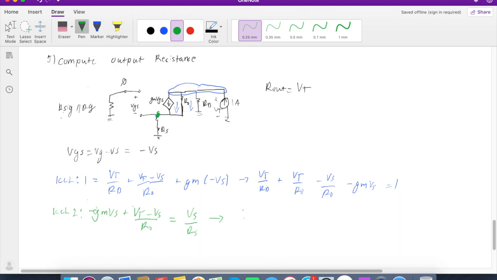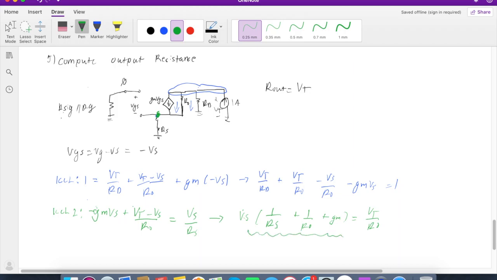Once we move everything to its appropriate side, we leave VS on one side and VT on the other. We see VS, once we factor that out, times 1 over RS plus 1 over R out plus GM equals VT over R out. So what we can do here is divide both sides by whatever's in this bracket.